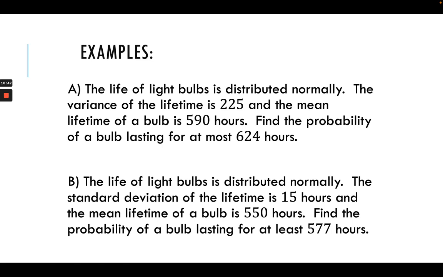The standard deviation is 15 hours and the mean is 550 hours. Find the probability of a bulb lasting for at least 577 hours. And so pause the video, take yourself a minute or two, and see if you can set up both A and B.